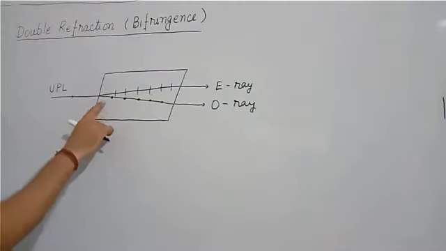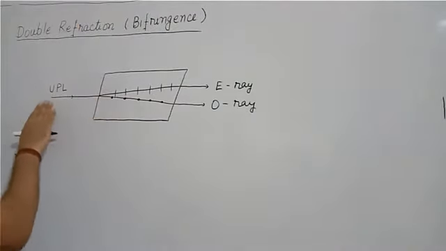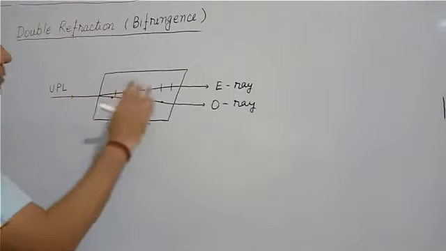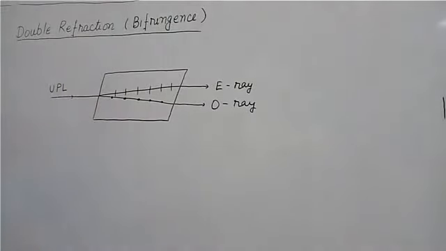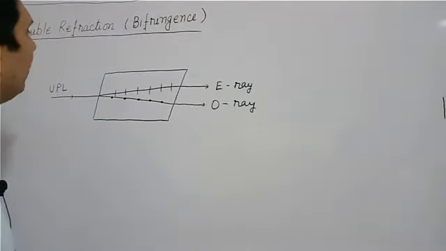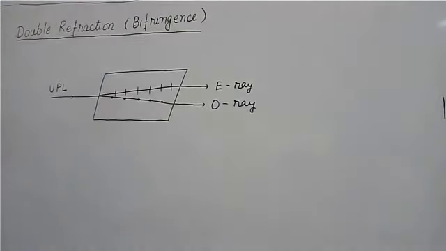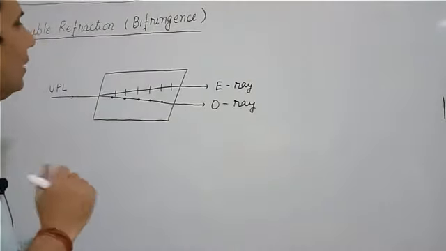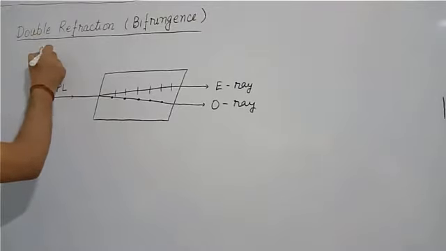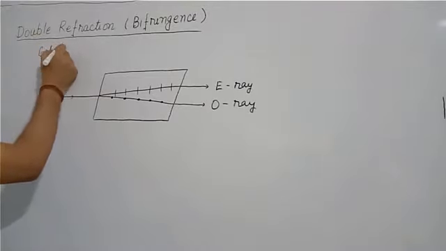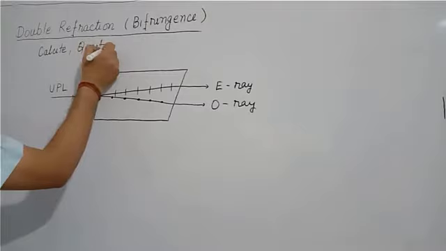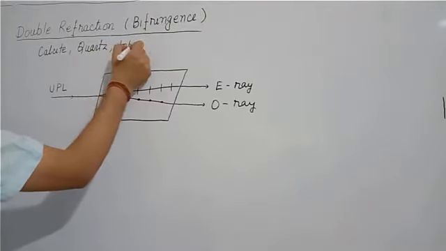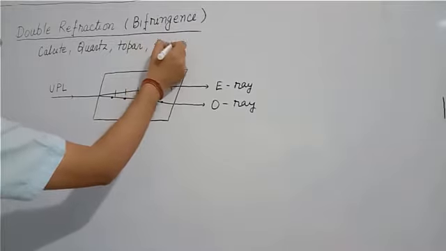So the phenomenon due to which for one incident ray of light we will have two refracted rays is known as double refraction, and the crystals or materials which exhibit this double refraction are known as doubly refracting mediums, and the common examples are calcite, quartz, topaz, tourmaline.